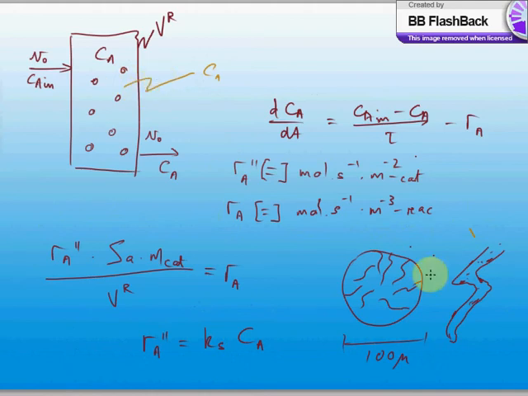So if we look close by the particle, find somewhere around that particle there's some concentration Ca, which is the same as this Ca, namely the concentration in the bulk fluid. But as we get closer to the particle, remember that A is disappearing near that particle, it's reacting away. So inside this particle, the concentration of A we expect to be lower than out here.